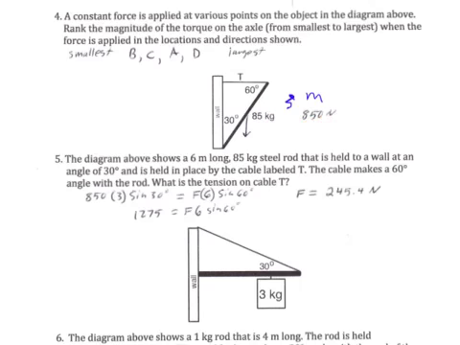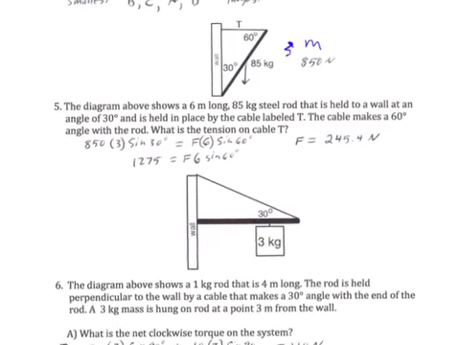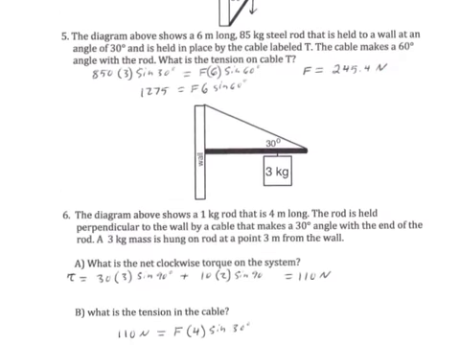It's going to be 850 newtons applied at a distance of 3 meters at an angle of 30 degrees, the line of action, and that has to be equal to this torque, otherwise the system would be rotating. I don't know what the force applied by that string is, that tension force, but I know it's acting at 6 meters and at an angle of 60 degrees to the line of action. So once I set this up, I simply solve for F, and I get 245.4 newtons. So it turns out to be a lot easier than it looks at first.